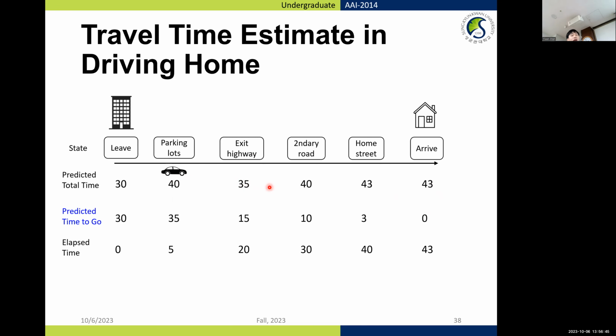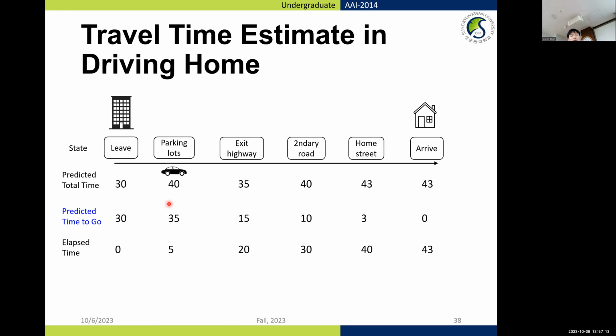When you exit the highway, the traffic becomes heavy, so you move back to the original estimate of 40 minutes. Then you take 3 minutes to reach the home street. Eventually you reach home, and it actually takes 43 minutes. So 43 minutes is quite far from your initial estimate, right?